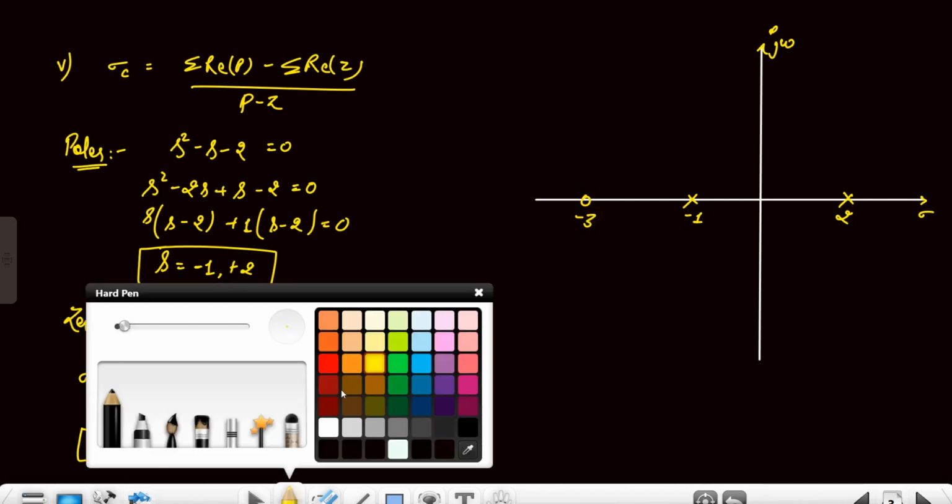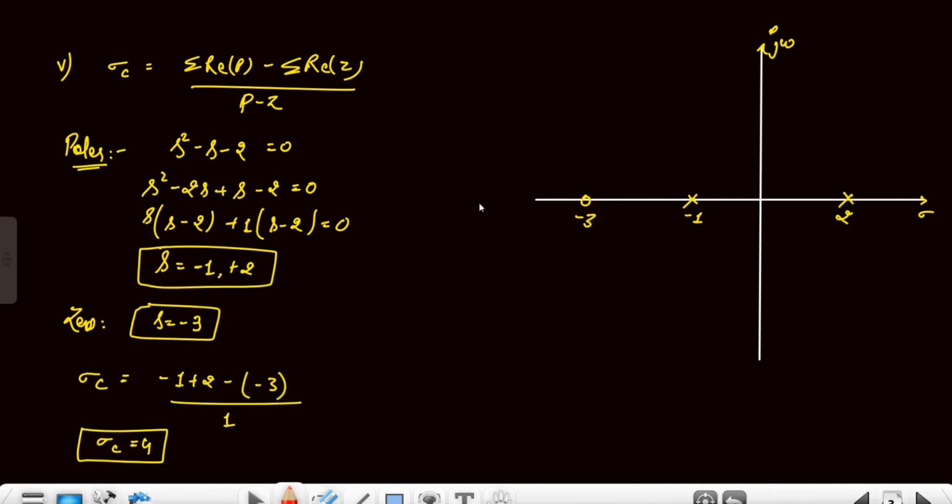And the one virtual zero is lying at the angle of 180 degrees, meaning across this 180 degree line. So it will be lying something like here. This is the virtual zero, and the angle of this virtual zero is 180 degrees. The value of K at zero is infinite, and at pole is 0.